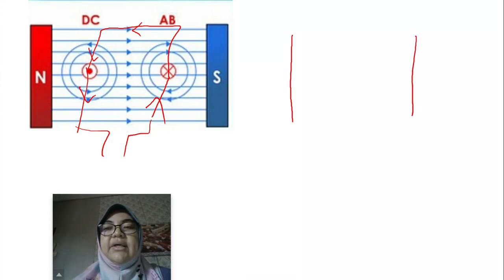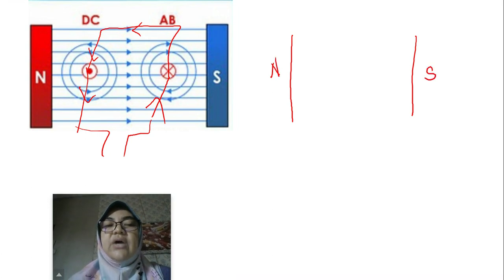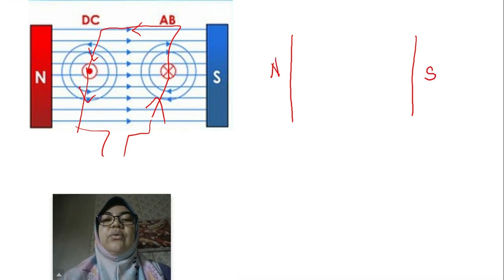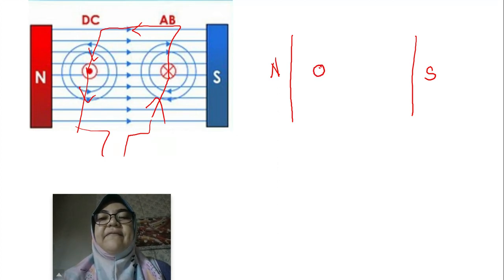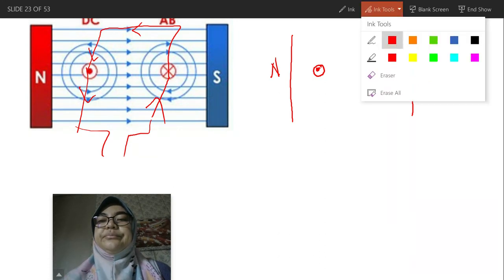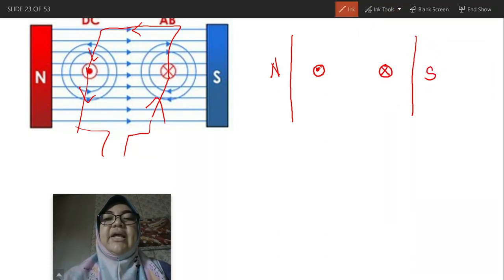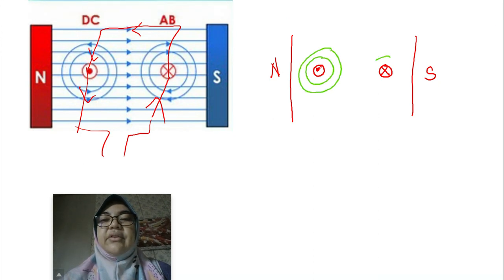another diagram here. Okay, so this is north, this is south, and we have current going out on the left and current coming in on the right. Okay, so let's say on the left and on the right like this.